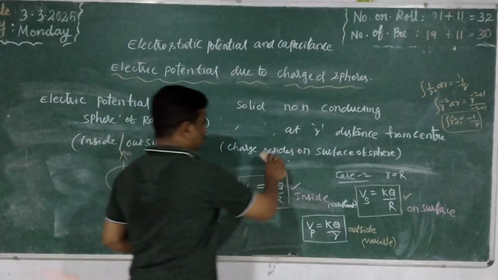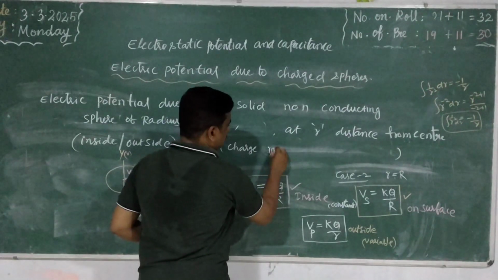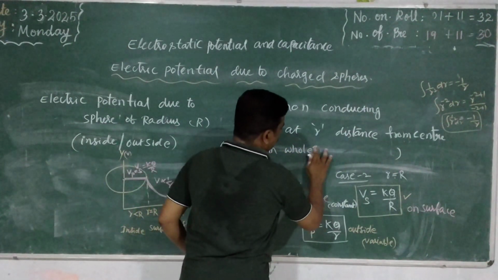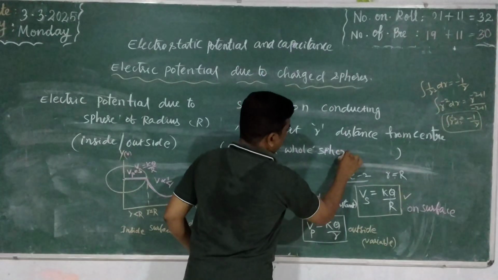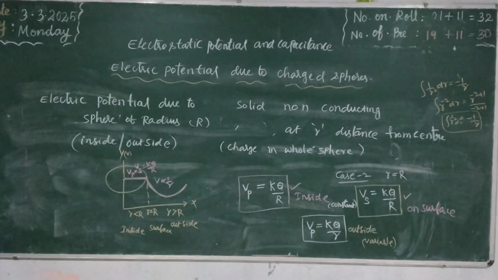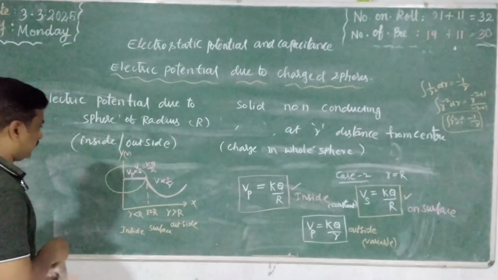Here the charge does not reside only on the surface, the charge is distributed in the whole sphere. For this we can find out the electric potential at outside point, inside point, on surface. We discuss that one.